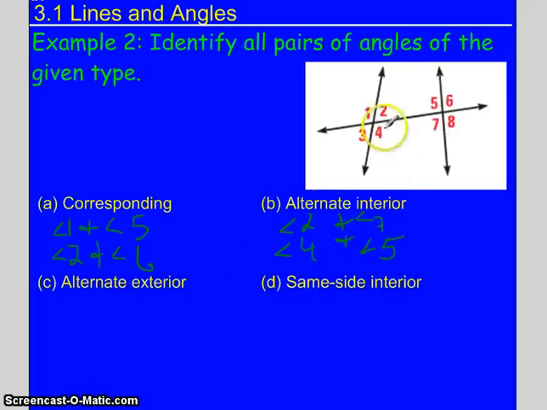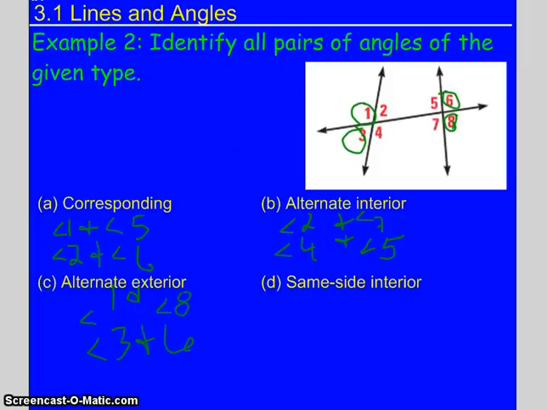Alternate exterior, so now I'm on the outside, so I'm going to choose one, go on the opposite side of the transversal on the outside, would be angle 1 with angle 8. And then stay on the outside, match it up with angle 3 and angle 6.